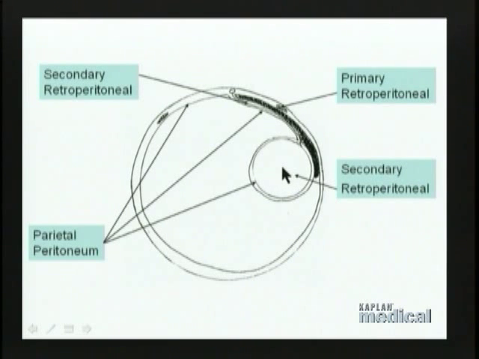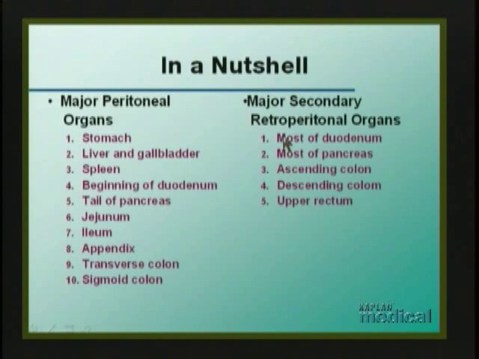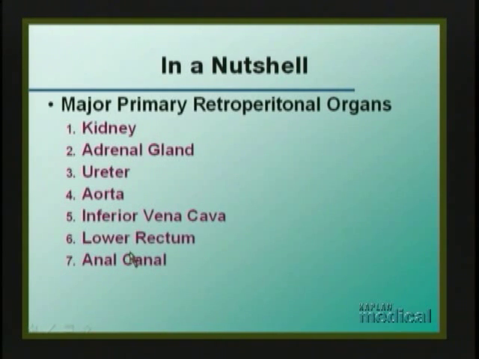And what we can say to generalize this one step further is that any organ that is a secondarily retroperitoneal organ will be supplied by a blood vessel that is a secondarily retroperitoneal vessel, and a primary retroperitoneal organ will be supplied by a blood vessel that is a primary retroperitoneal vessel. So for example, if the kidney is primarily retroperitoneal, therefore the renal artery is primarily retroperitoneal, and so forth.